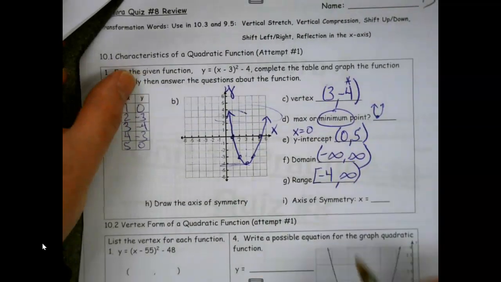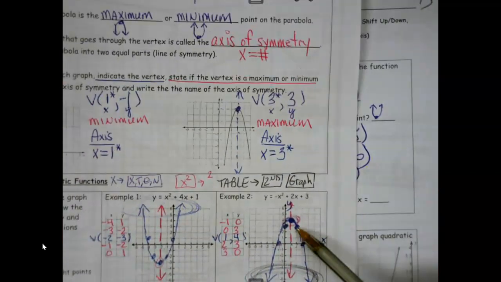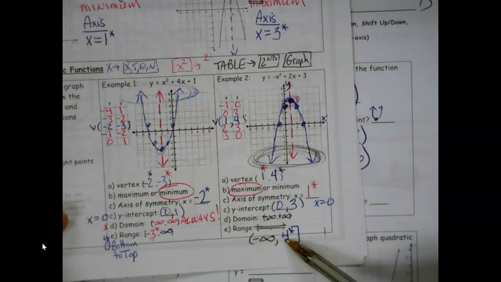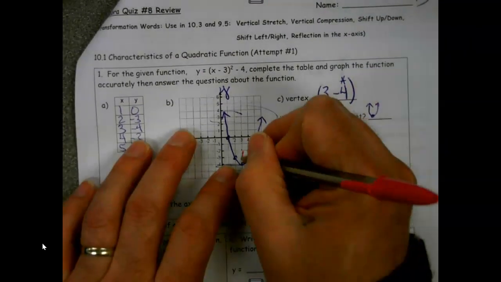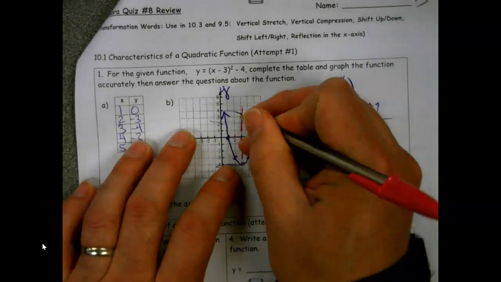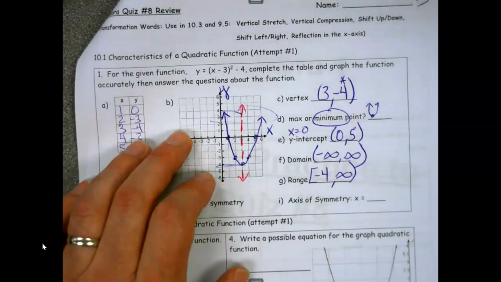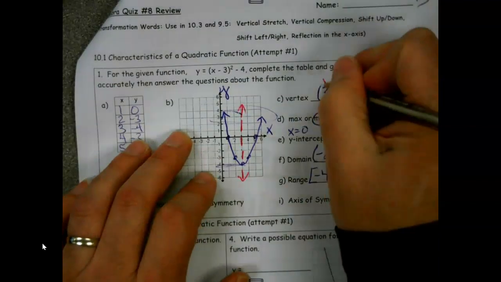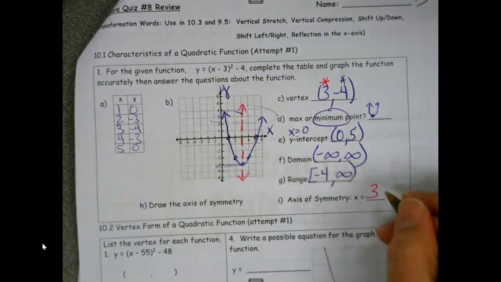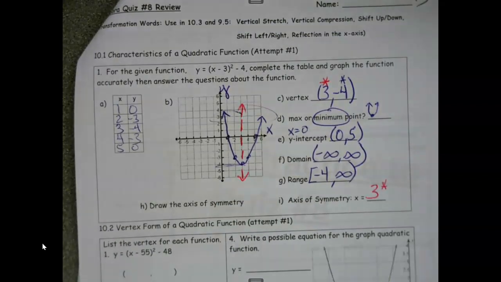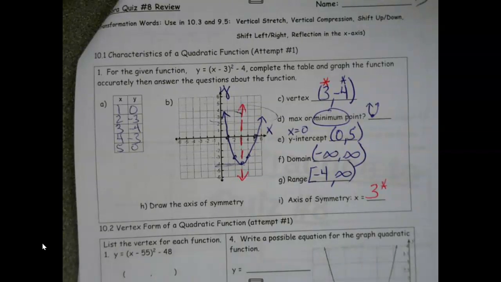If it opened down, these just switch because look, I've got one here that opens down. And it tells me right there what the range is. This is so wonderful. Then, my axis of symmetry goes right through my vertex. Right through the x value of my vertex. All the things that are combinations, they're there. They're ready to go.